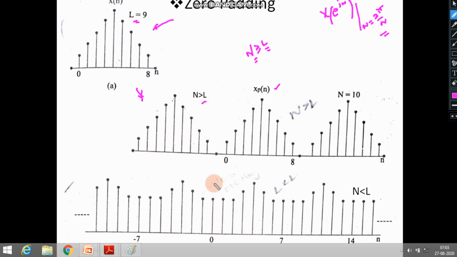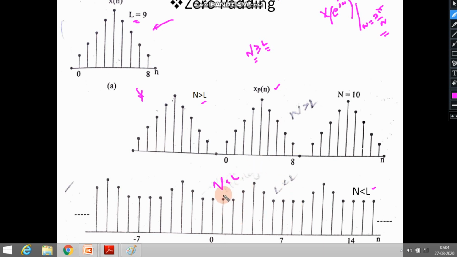But here let us consider if N is less than L. Here N is less than L. Then we can see that overlapping occurred, that is, before the end of one whole spectrum, the other spectrum started to appear.